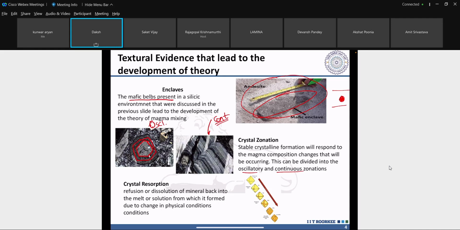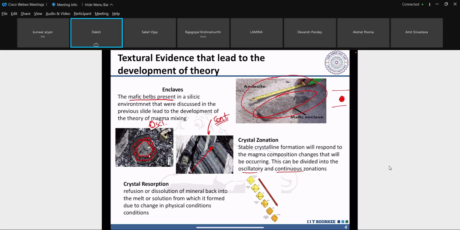We're getting zonations in the form of tree rings. And in the case of continuous zonation, there is a continuous change from the center towards the outside. These two types of zonation also led to the belief that there have been compositional changes in the magma.